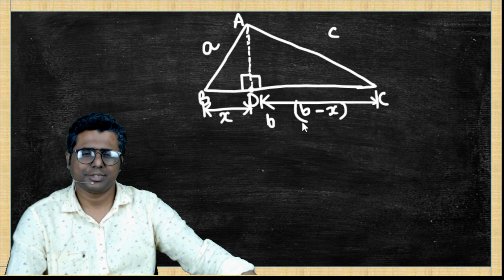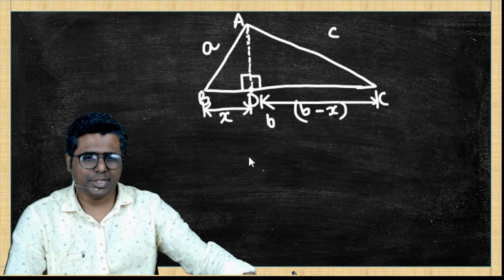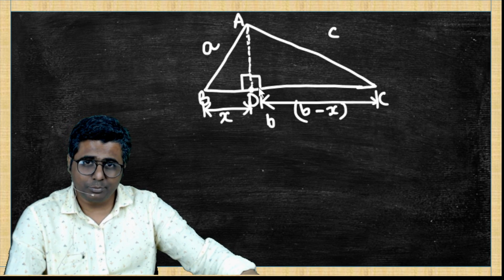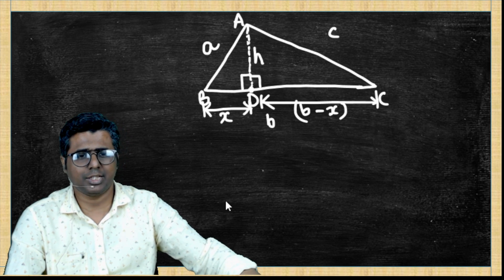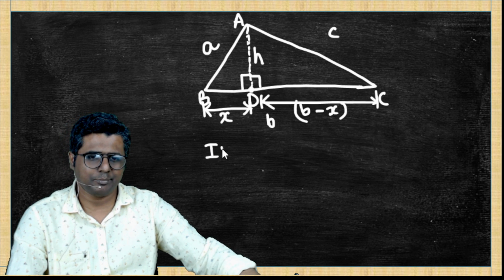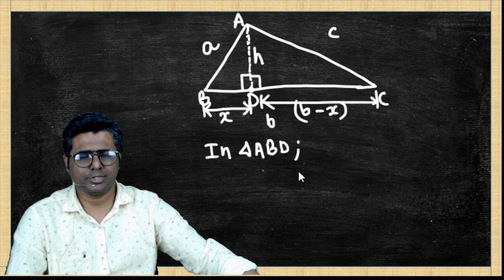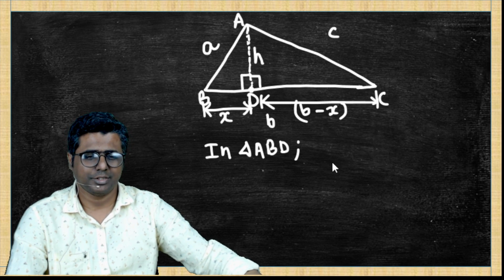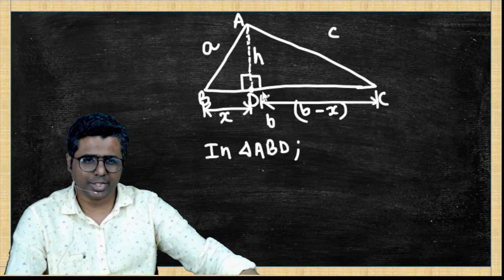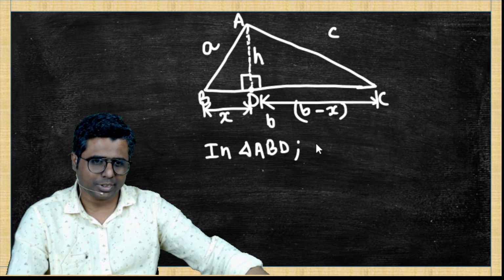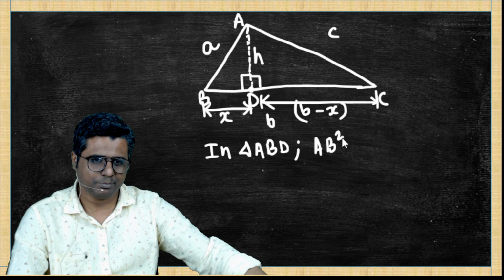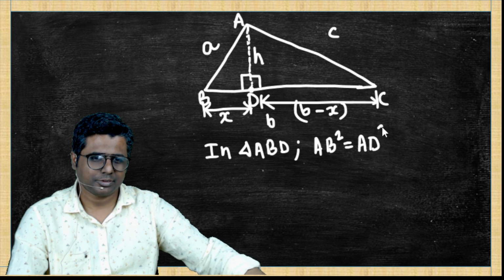Okay, clear? So now in triangle ABD, let us see one thing. This will be called the height. We have already studied this in our last lecture. So in triangle ABD, we can easily apply our first mathematical tool, that is Pythagoras theorem. AB is the hypotenuse, so I can write AB square is equal to height square, that is AD square, plus BD square.